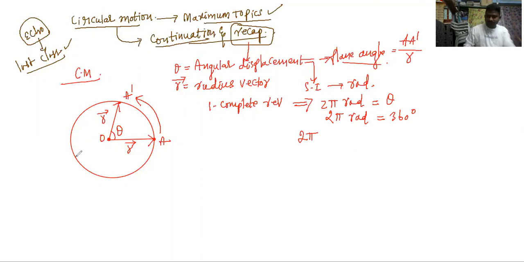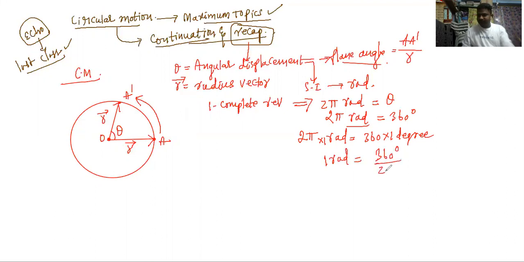So you can see, 2 pi is in radians and this is in terms of degrees. So I can write it as 2 pi into 1 radian, which is equal to 360 into 1 degree. So from here I can write the formula for 1 radian, which is equal to 360 degrees by 2 pi.